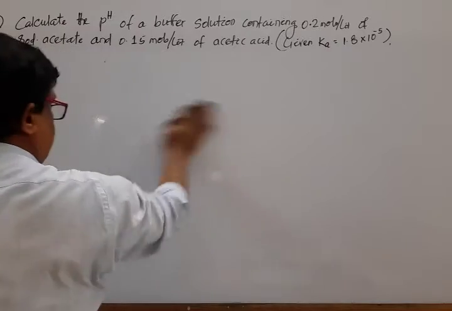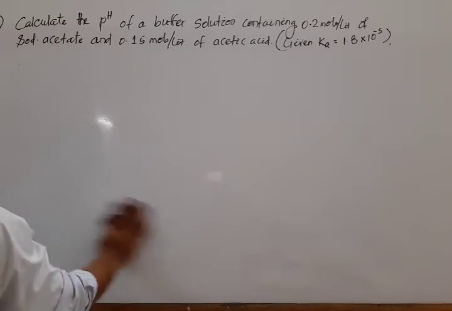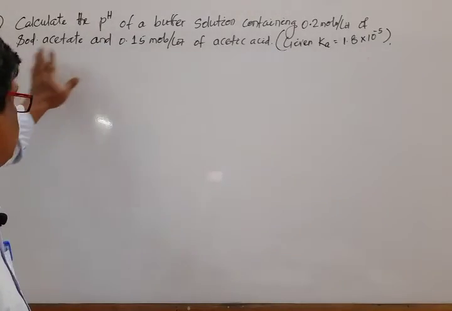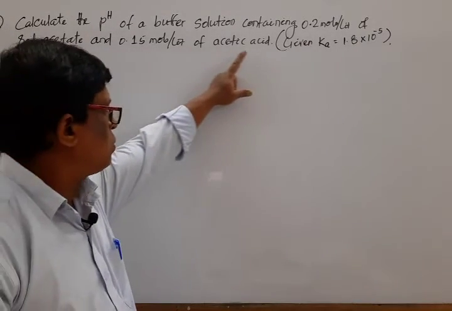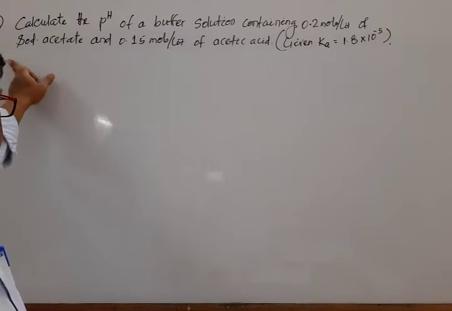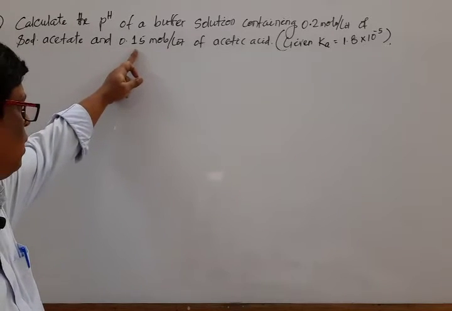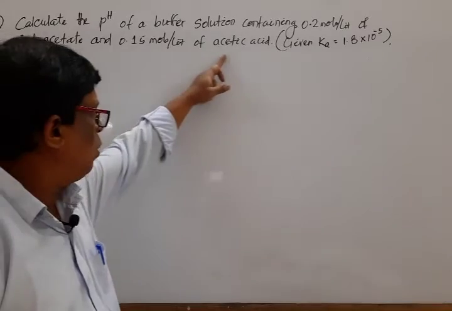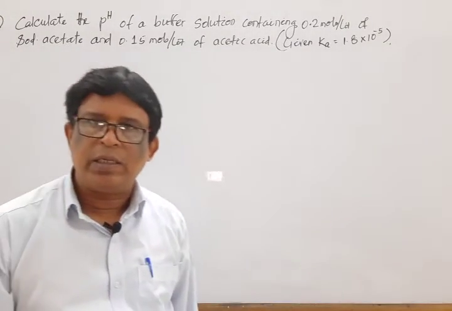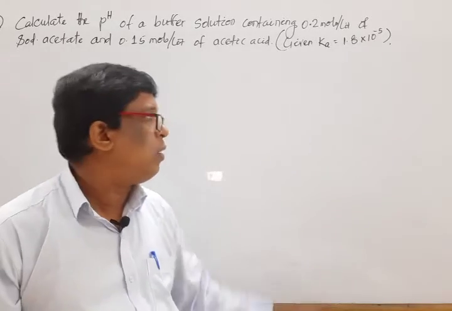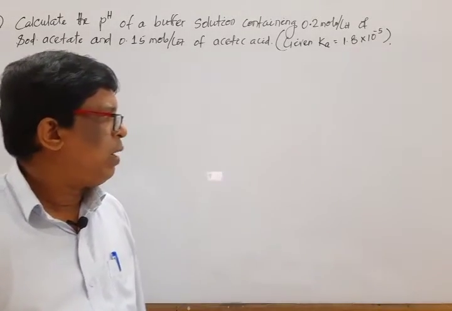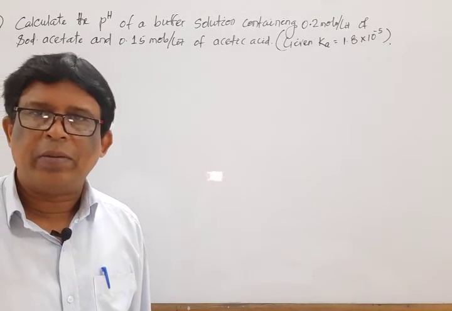Mark that. What is the question? Calculate the pH of a buffer solution containing 0.2 moles per liter of sodium acetate and 0.15 mole of acetic acid. It is acetic acid and sodium acetate, so it is an acidic buffer, and Ka is given, Ka is equal to 1.8 into 10 to the power minus 5.